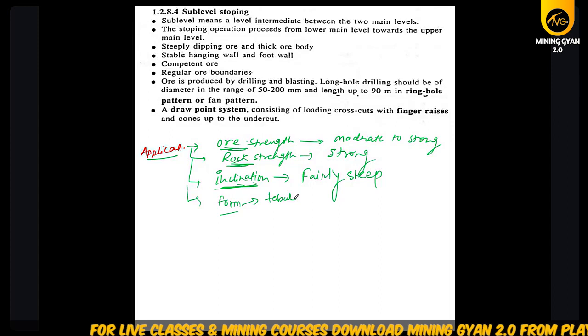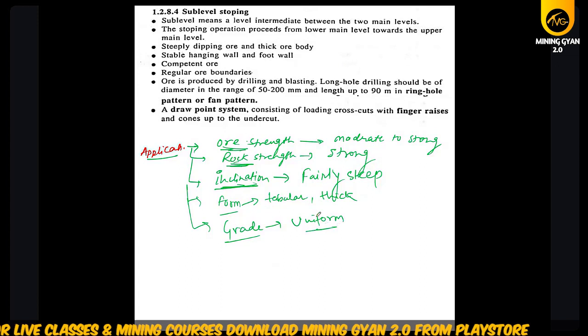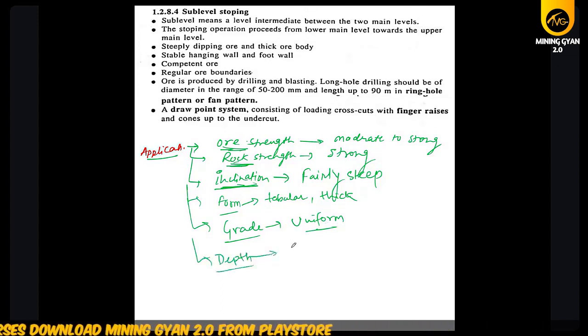It can be tabular or thick. Grade of the ore should be uniform. सब लेवल के भी हैं. और depth moderate, less than 1.2 kilometer. Okay, these are the few points.